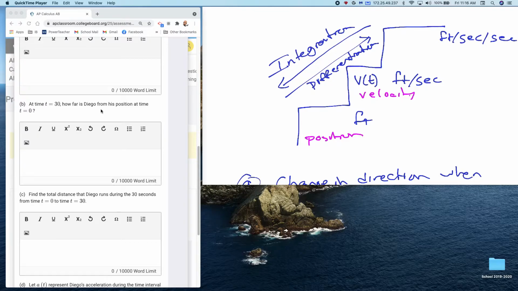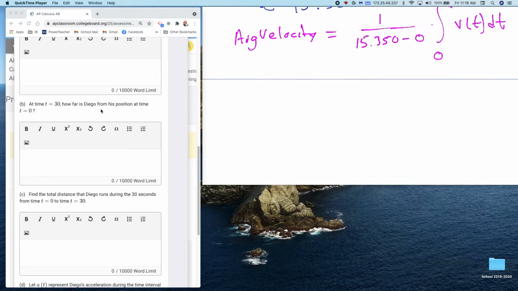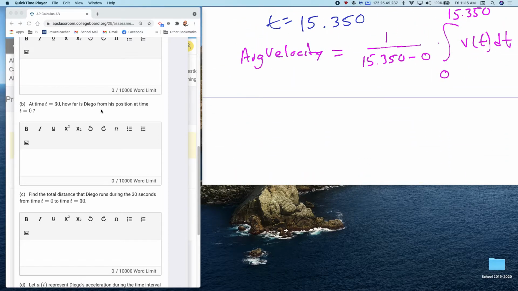So we know right away we are going to integrate to get the position. Position matters whether you went forward or backwards. Whether you went to the left or whether you ran to the right, that's going to affect the position. It's not going to affect the distance traveled, but it is going to affect the position.